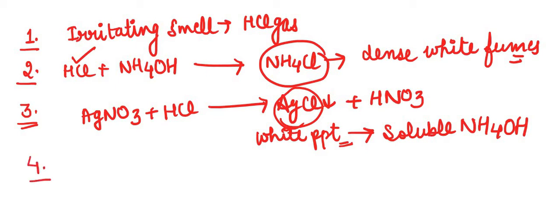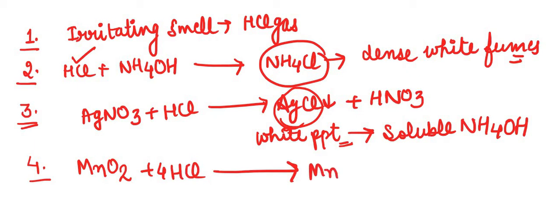The next is the reaction between manganese dioxide, MnO2, and HCl, where there is a formation of MnCl2 along with two water molecules and chlorine gas. So a greenish yellow gas, that is chlorine, is liberated when concentrated hydrochloric acid is treated with an oxidizing agent like manganese dioxide.